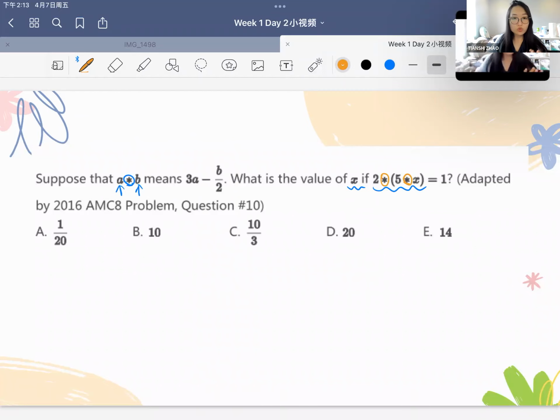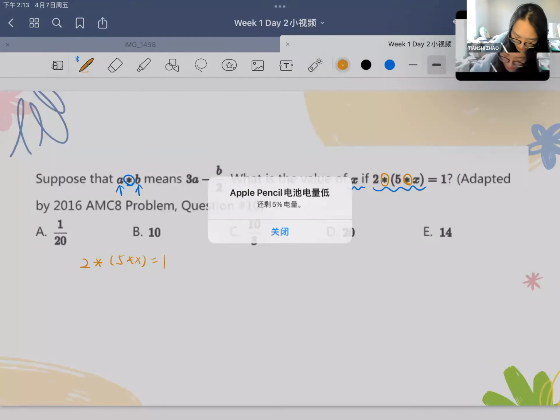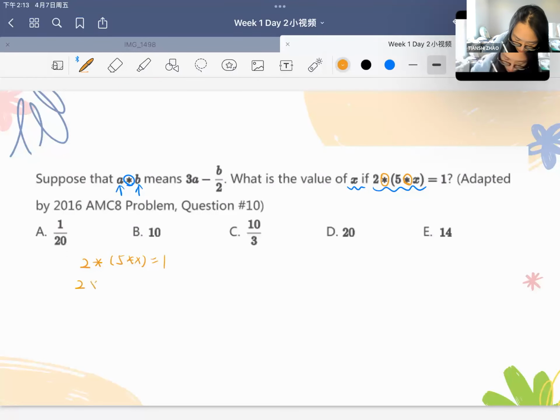So we should always do the thing within the parentheses first. So first of all, we will copy down the thing. It equals 1. So we need to do the calculation within the parentheses first. So it's 2 star thing and 5 star x, which means that is 3 times the first thing, which is 5, minus the second thing divided by 2 equals 1.